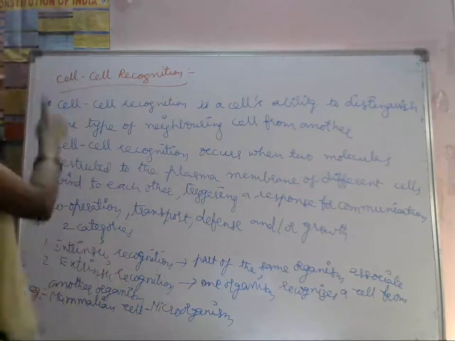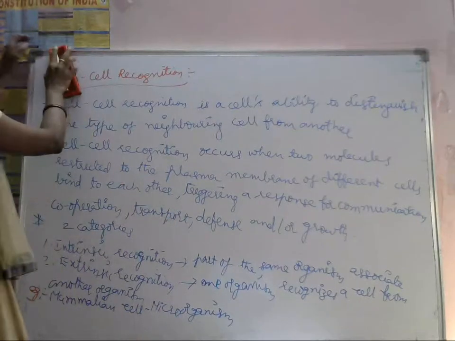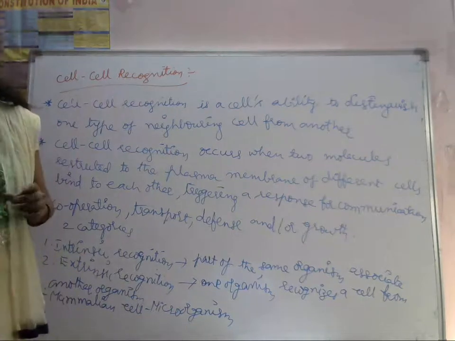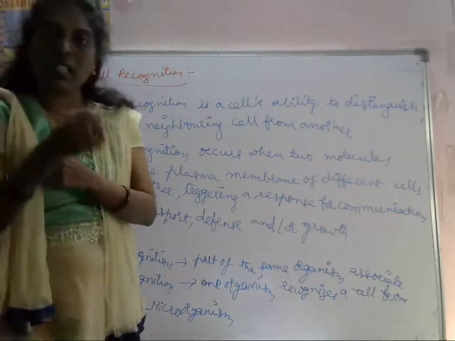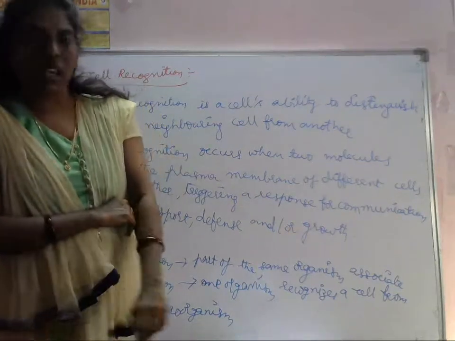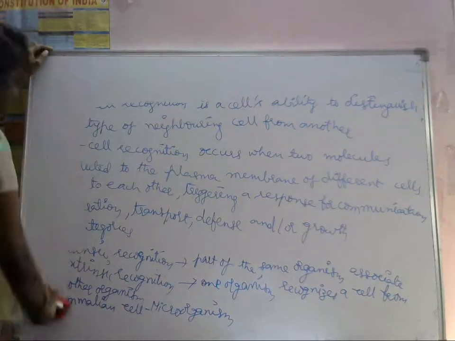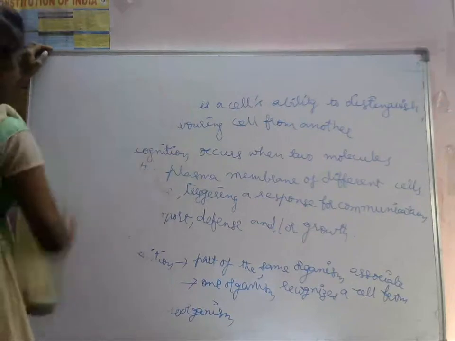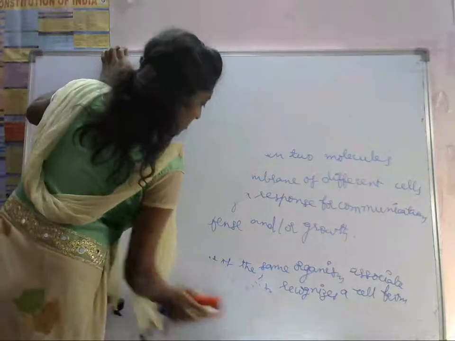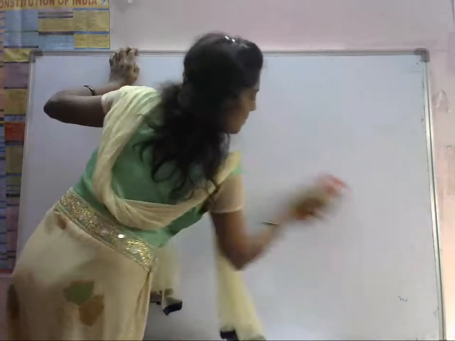So this is about cell to cell recognition: it has to recognize whether it is the same organism's cell or a different organism's cell. Next one, blood groups.